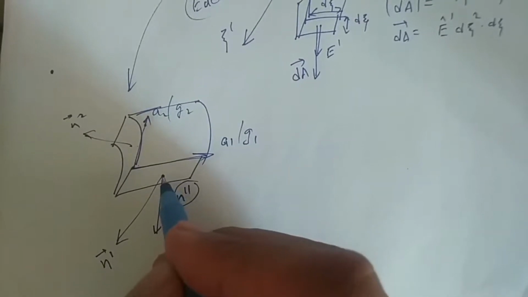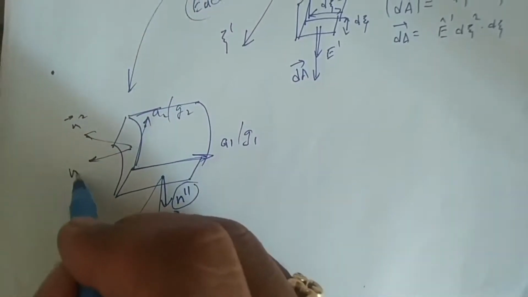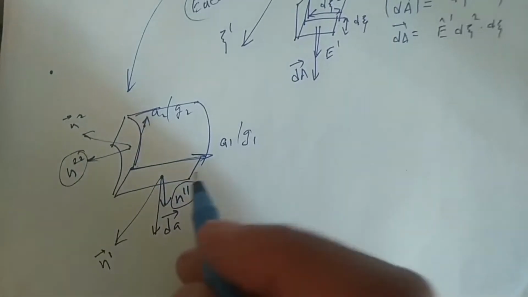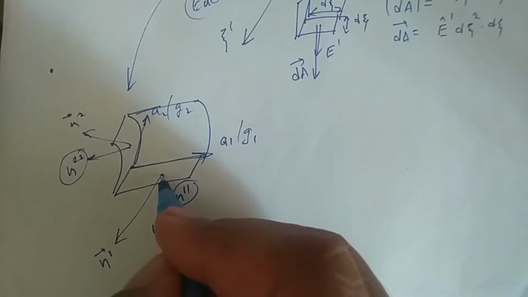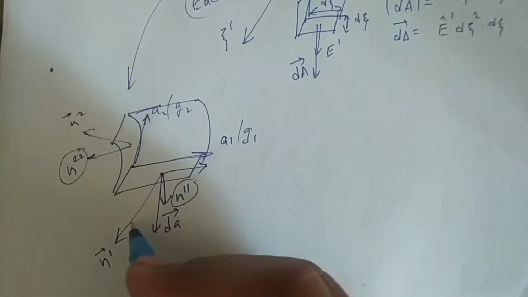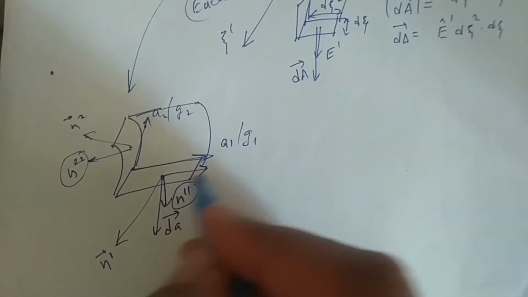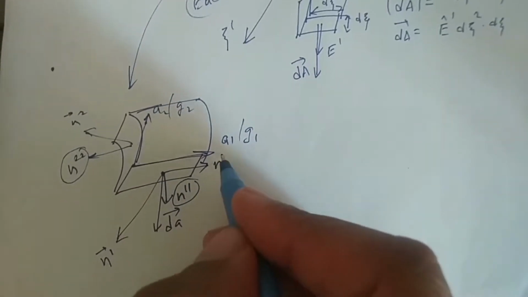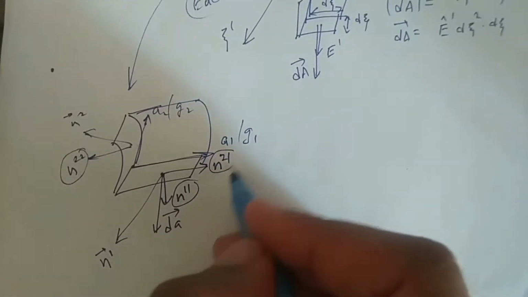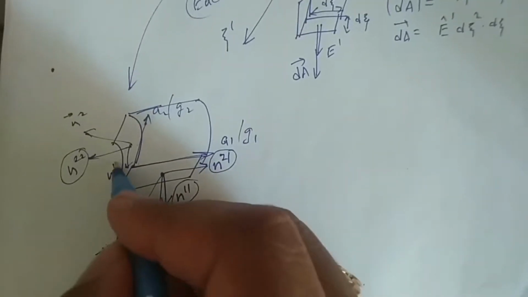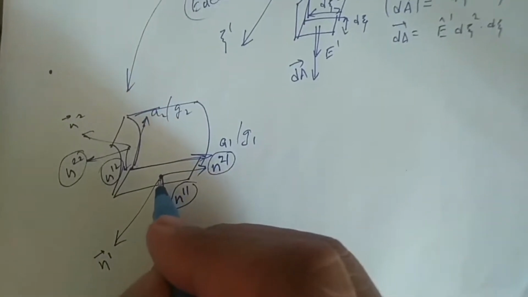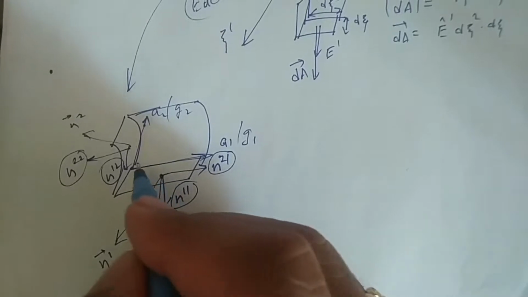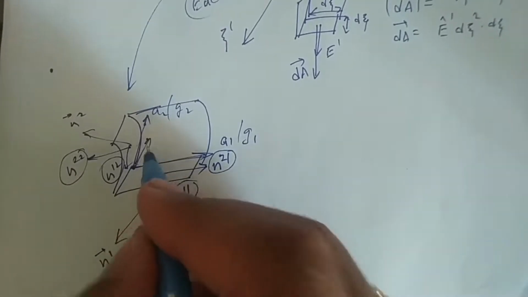Then similarly on this face we'll get N22, the component of this force along this direction will be N21, and here it will be N12, and then there will be a component along the director vector direction, which is T.